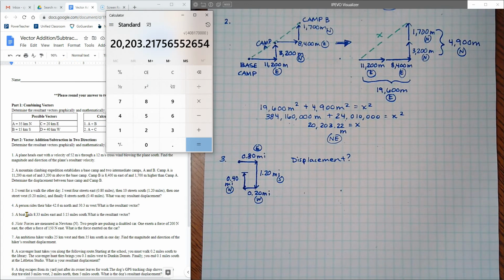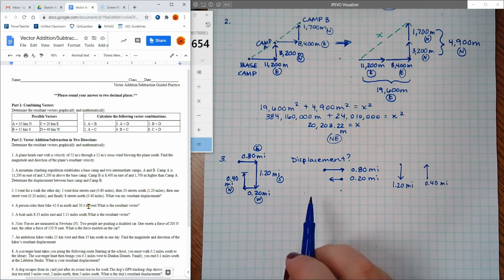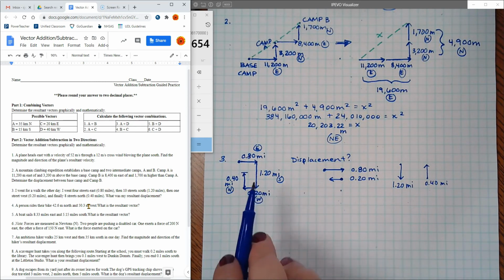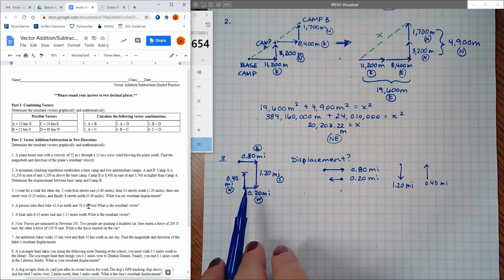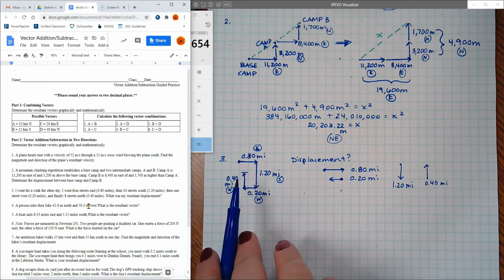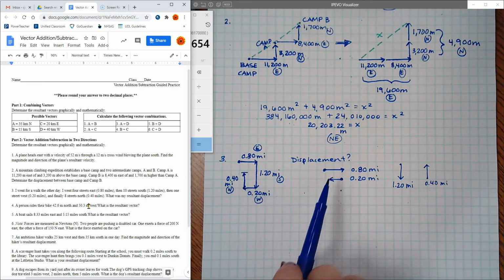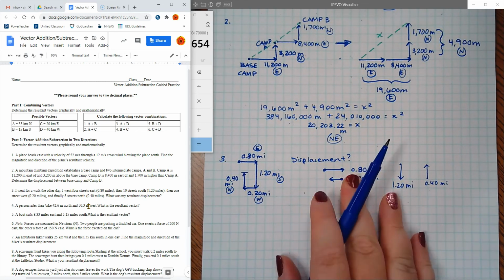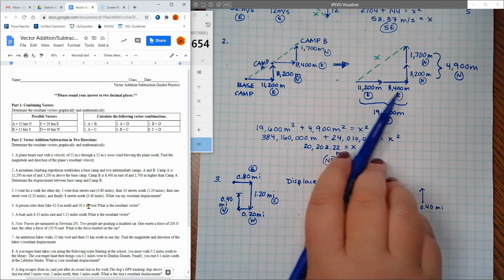I'm going to pause the video and draw something, and then I'll come back. Okay, I've come back. What I've done is separated out each of the vectors so we can look at them individually. So originally I drew a diagram to show how the vectors would appear during the walk, and I've just separated them out so that we can combine them individually, kind of how we combined them up here.